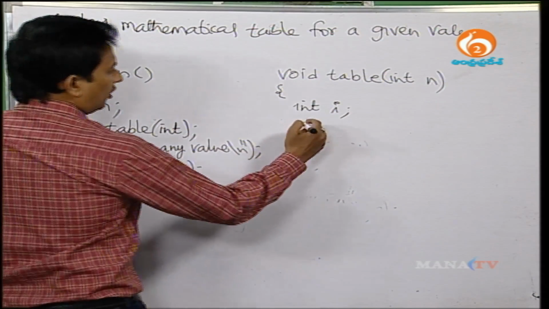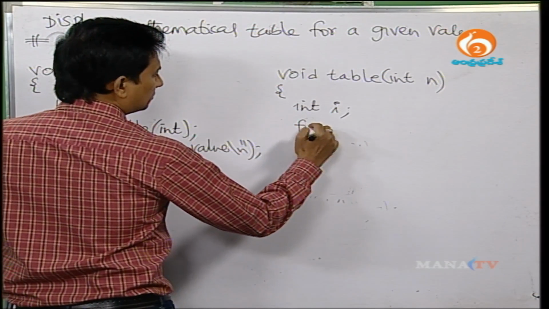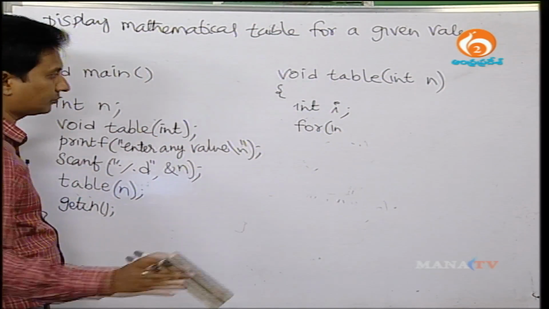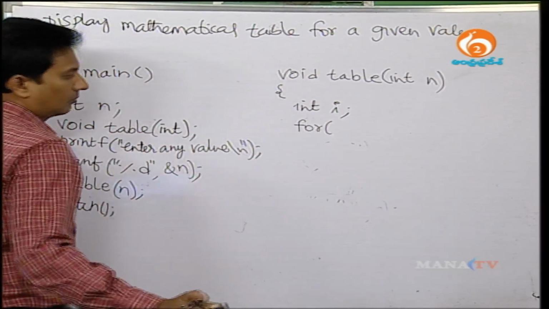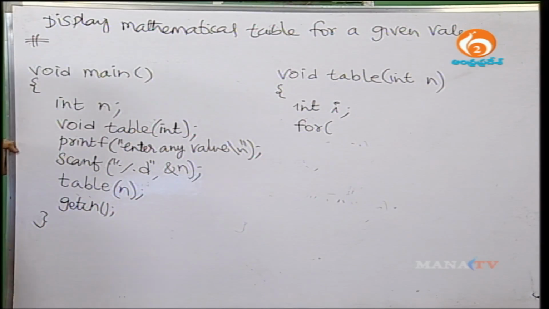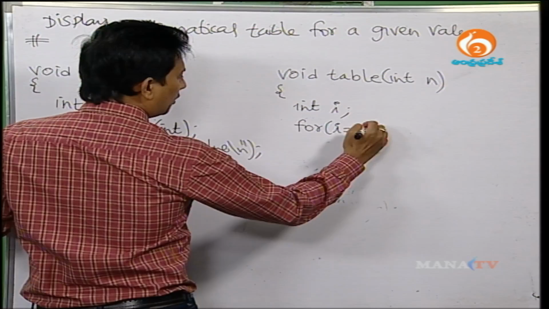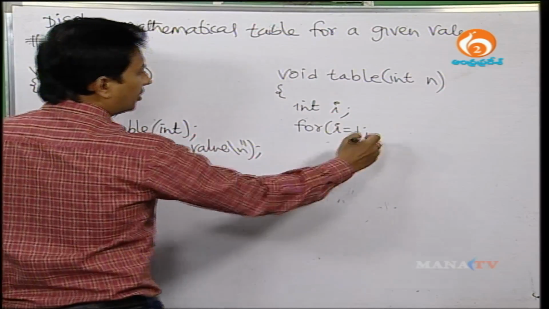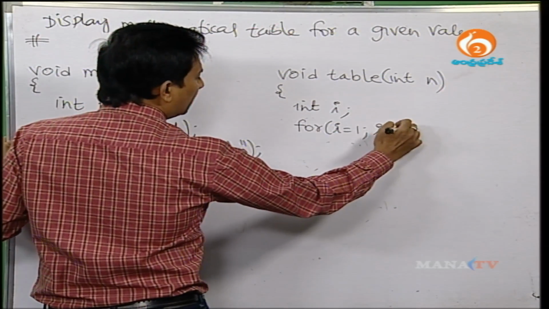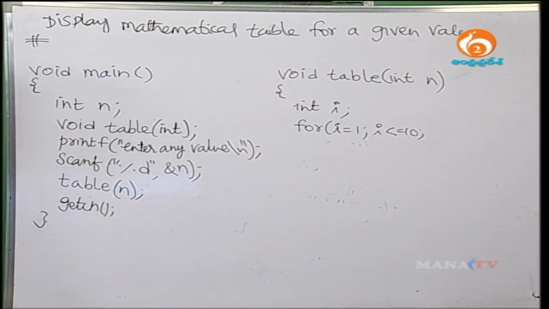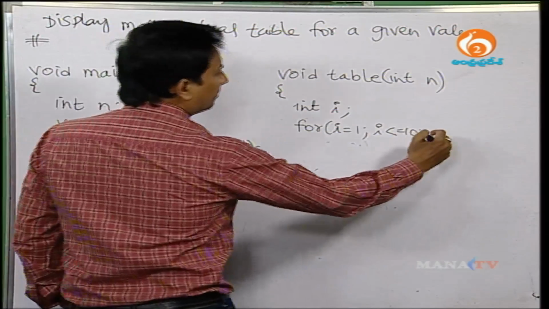Next for i equal to 1. How many times? 10 times, right. So i less than or equal to 10, i plus plus.